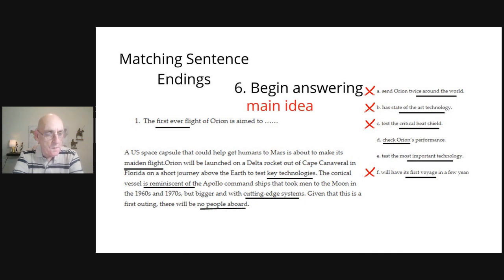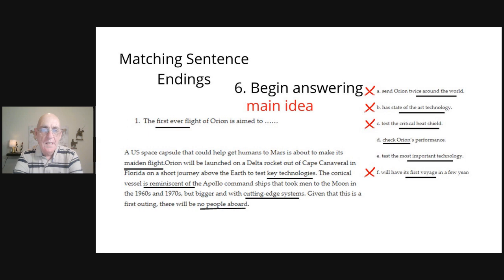And when it comes to the reading section, one extra tip is that when you're looking for key information, you're usually looking for very specific information. So to just say check Orion's performance is a very general statement. So it's very likely that the answer that we're looking for is the more specific answer.